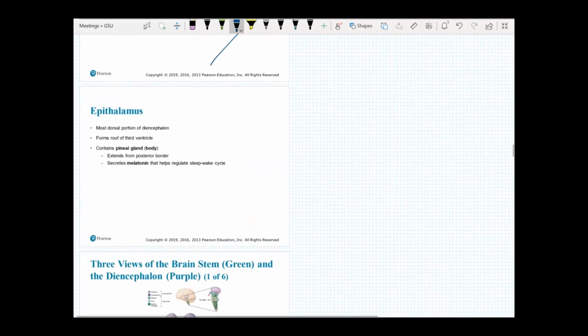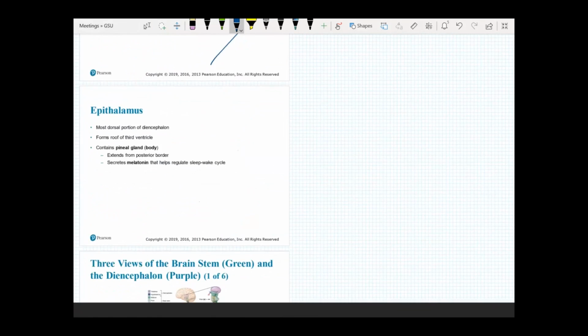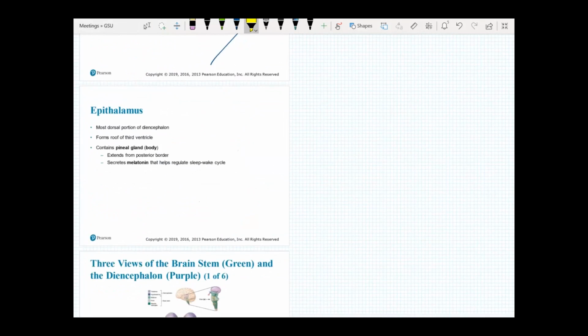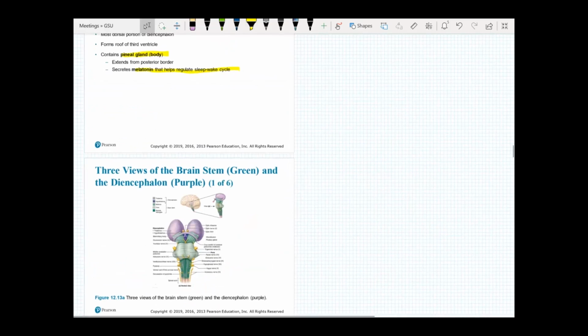And then the third structure for this diencephalon was your epithalamus. The main focus here is that it will contain your pineal gland, which will secrete melatonin that is responsible for your sleep-wake cycle.